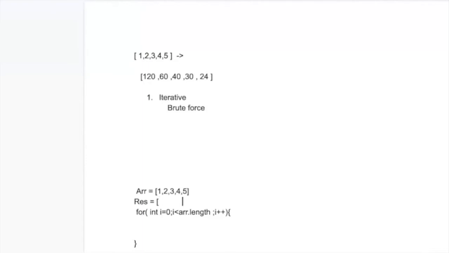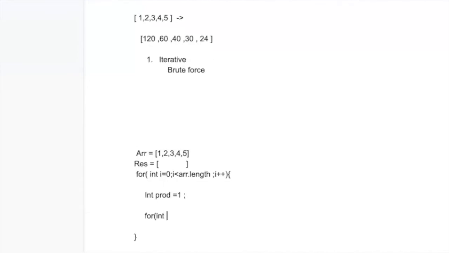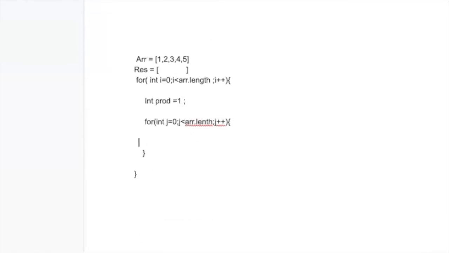I create another variable, prod equals 1, and then for int j equals 0, j less than array dot length, j plus plus, and in this case j is not equal to I. So this is the brute force way of doing it.